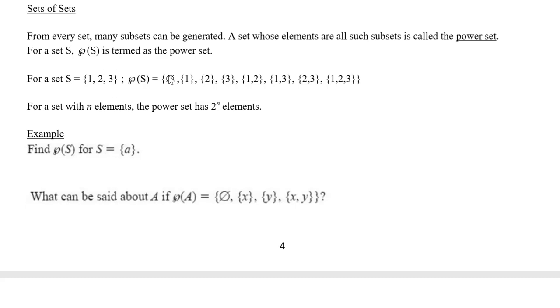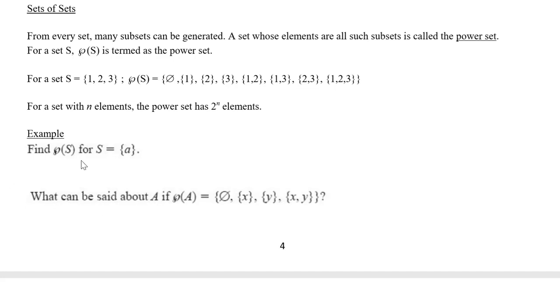It could be empty, it could have only 1, 2, 3, or {1, 2}, {1, 3}, {2, 3}, or {1, 2, 3}. So these are all the power set of S. So for a set with n elements, here you have 3 elements, the power set has 2 to the power of n elements, and here we have 2 to the power of 3. If you count all of this power set, all the subsets of S, it's 2 to the power of 3. As you see, there are 8 of them: 1, 2, 3, 4, 5, 6, 7, 8.